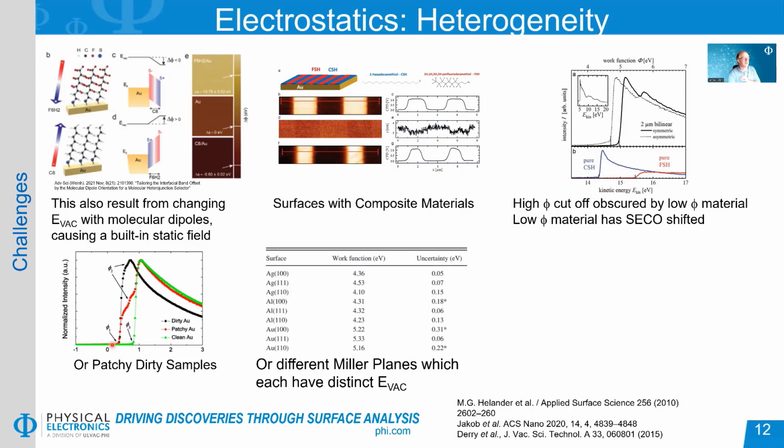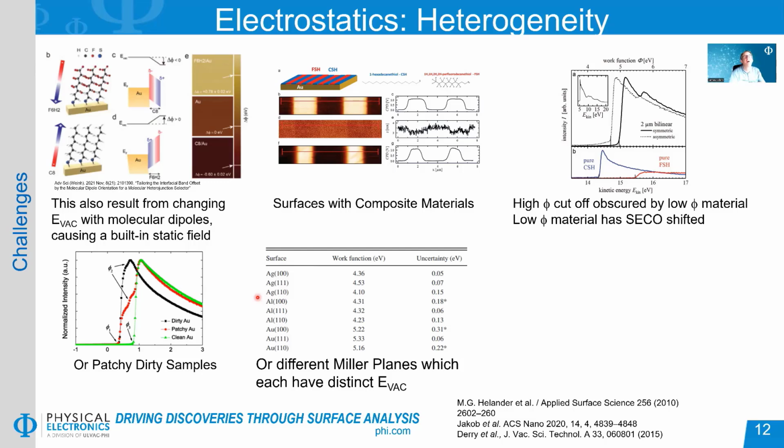So if we take a look, these are some single metal crystals that have different surfaces exposed or different planes, and you can find that there's quite a bit of variation in what the work function is for a single material just based on what surface is showing. So silver is a common example and has a 0.4 eV difference between the 111 and the 110 work function.